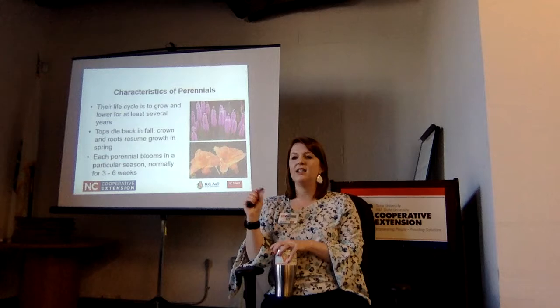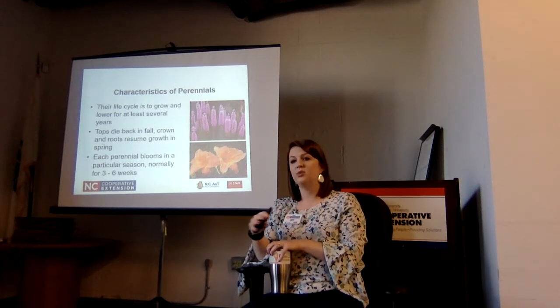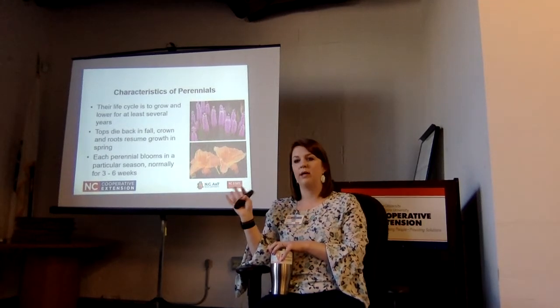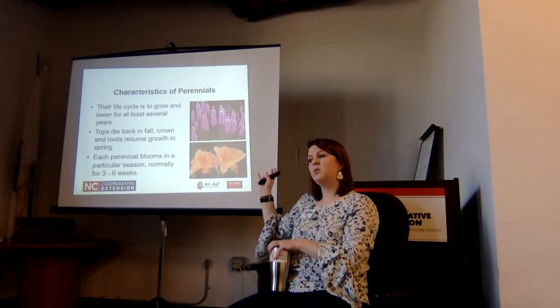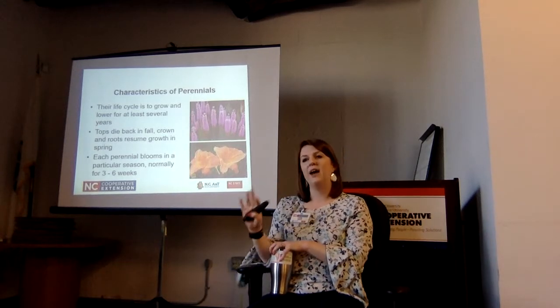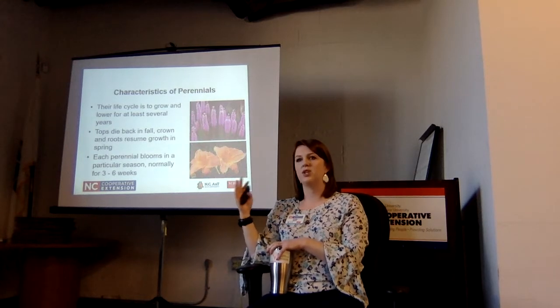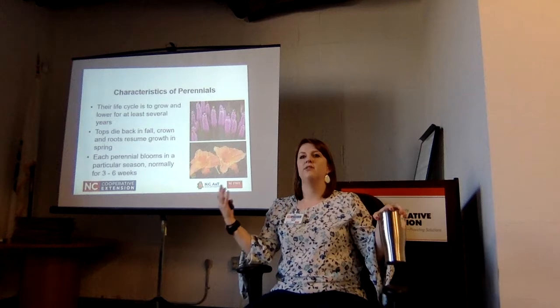These die back oftentimes in the fall to the crown, and then the roots and the top growth will resume in the spring once it starts warming up again. These are the ones that I mentioned earlier. They have a shorter bloom length. Six weeks is kind of the most amount of time that you can get for a perennial to bloom.